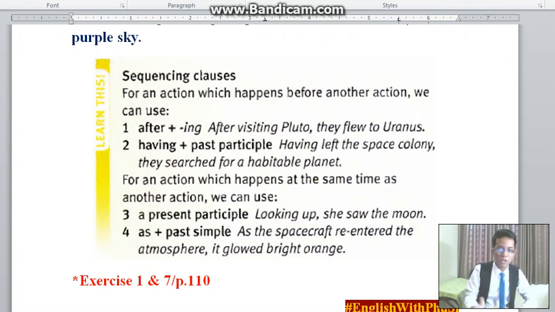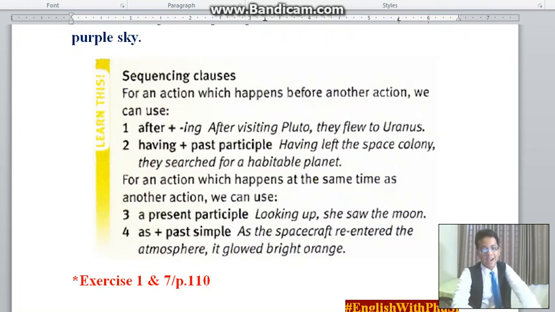For an action which happens before another action, we can use after plus verb ing, like the example given: 'After visiting Pluto, they flew to Uranus.'